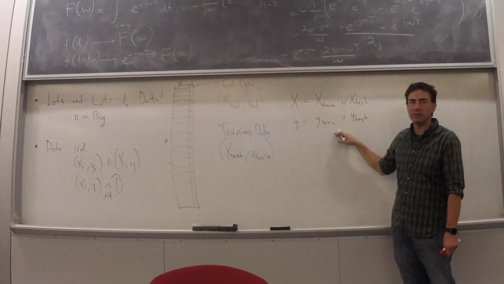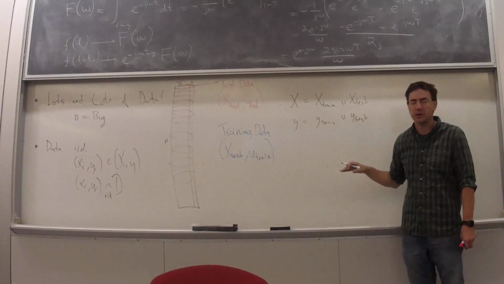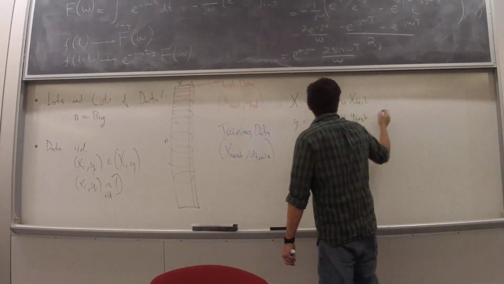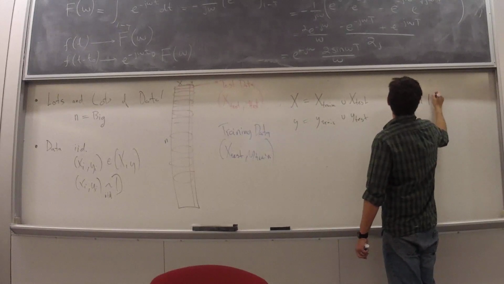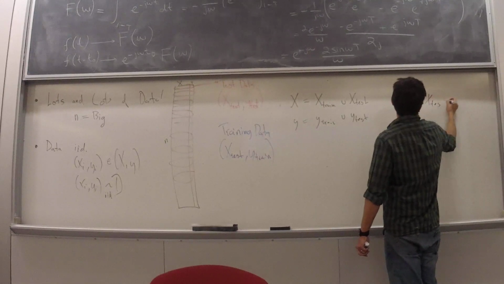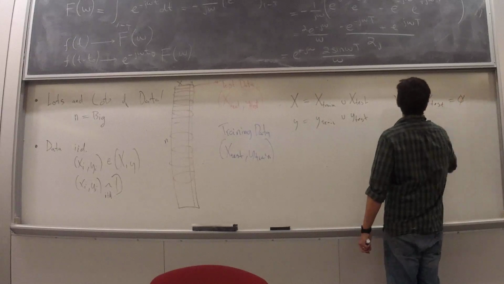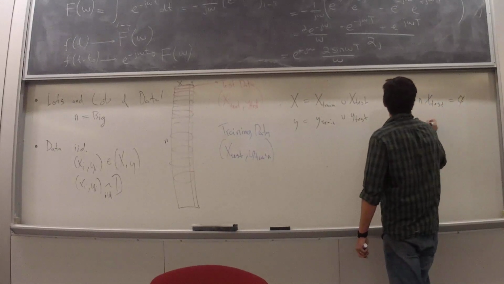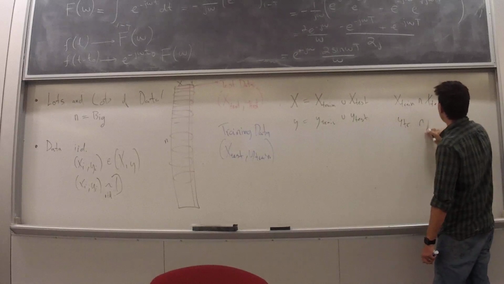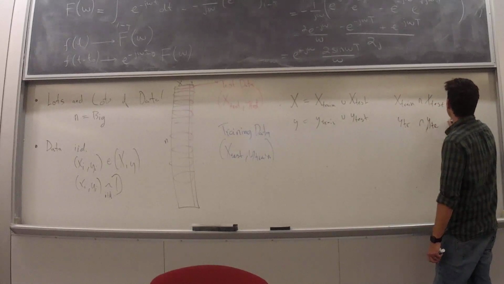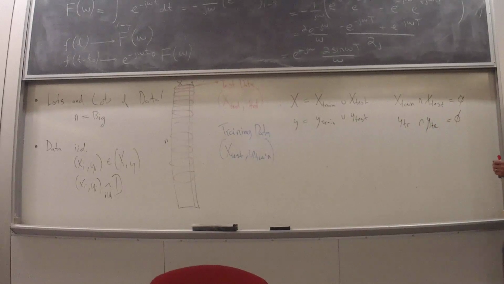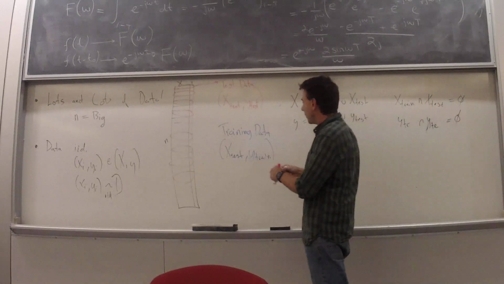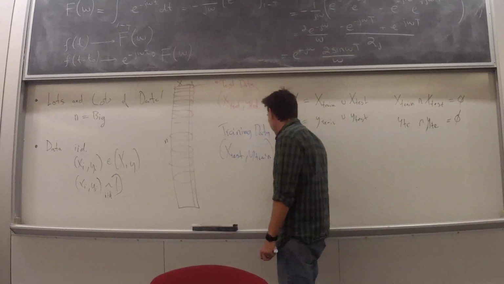They are also disjoint: X train intersect X test is the empty set, and similarly with Y. So it's a disjoint split, and this split is done at random.